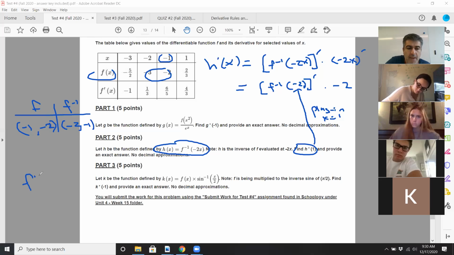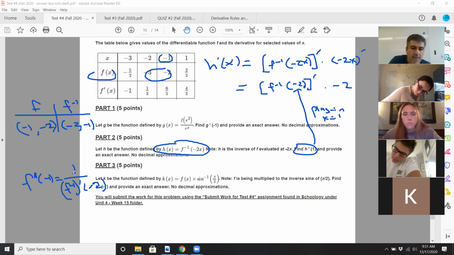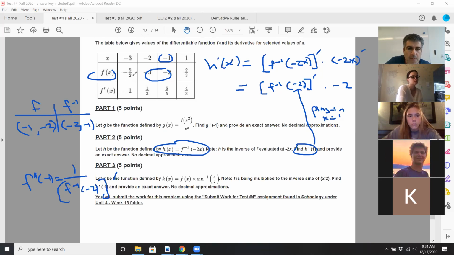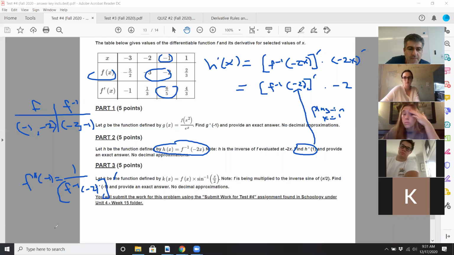But f prime of -1 equals 1 over the derivative of the inverse evaluated at -2. Or you could write it like this, the way I wrote it earlier. So f prime of -1, I could get from the table as well. F prime of -1 is 6/5.